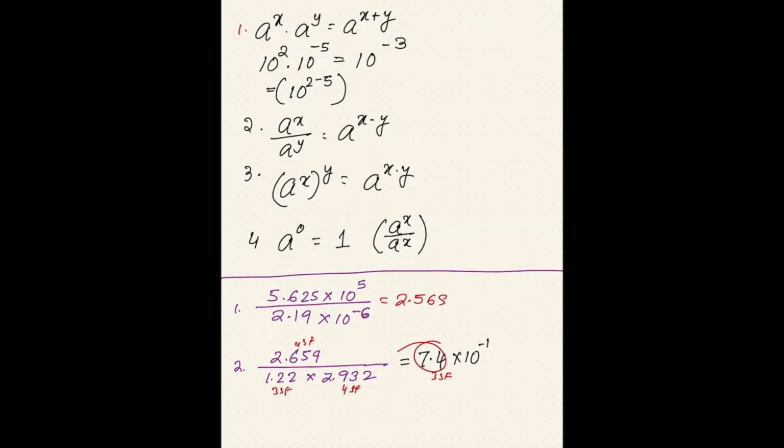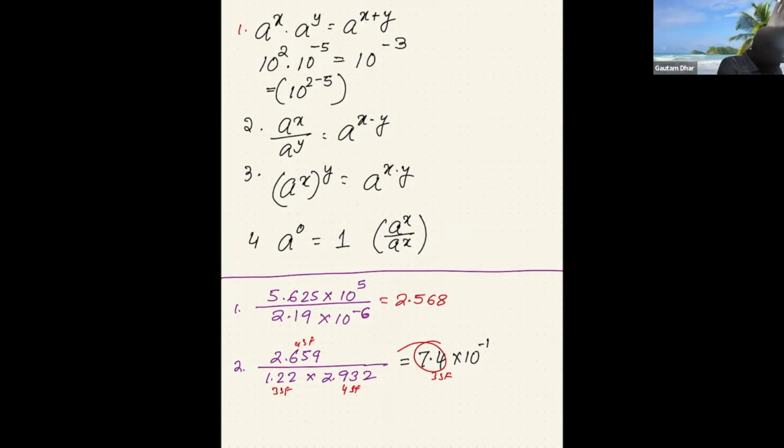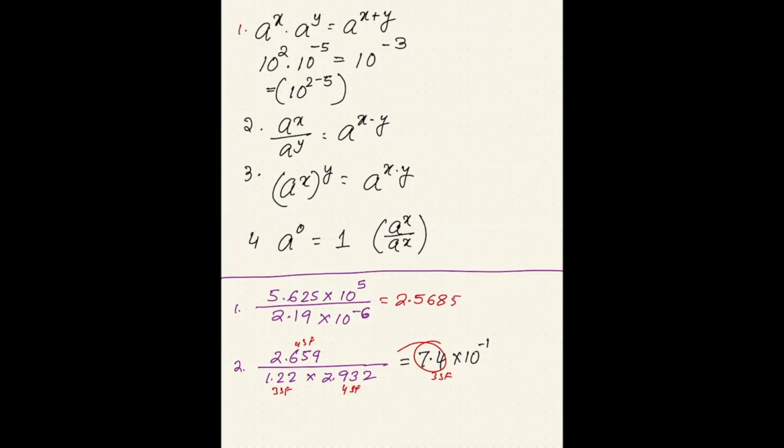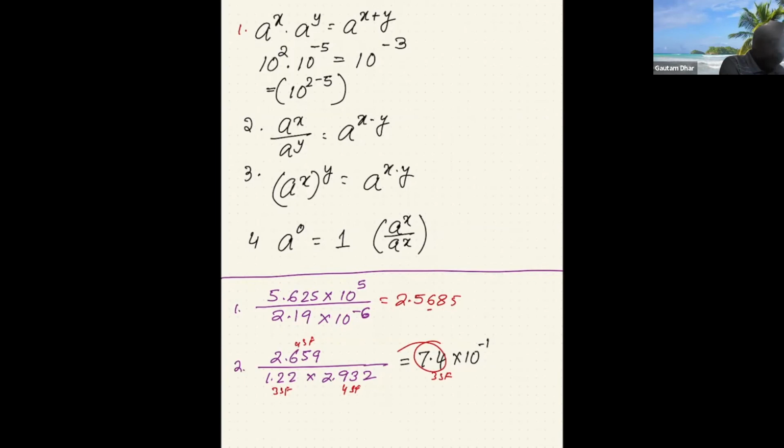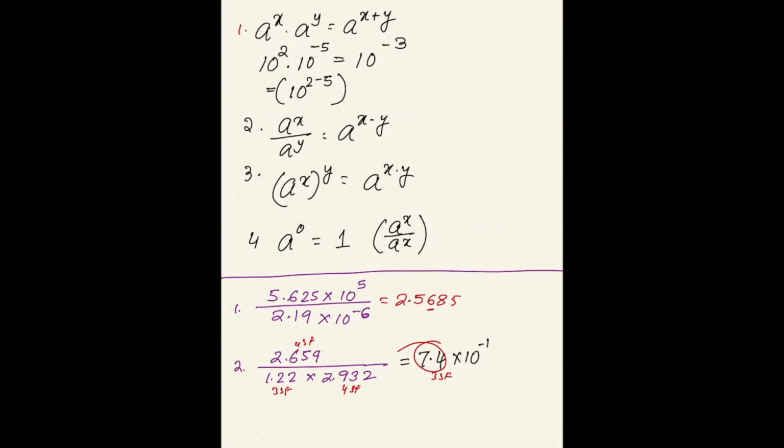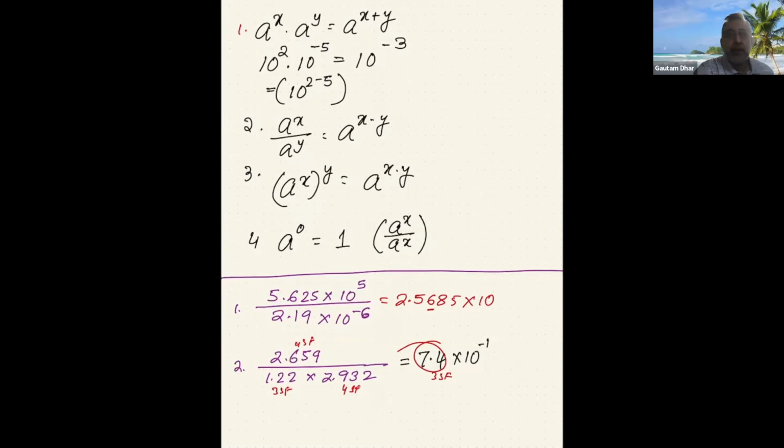Okay, I got 2.5685. If I write it, then it will be five because of the 9. Right. But I need up to this much. Let's do one. And then what about the 10 to the power? You can use that in the calculator, or I for myself like to keep the tens outside.